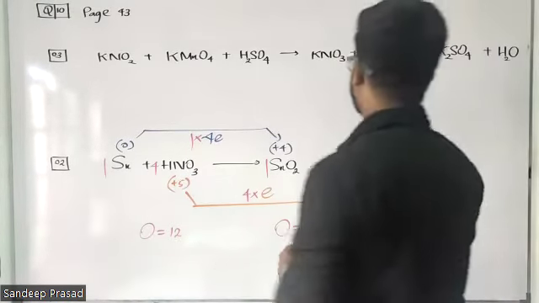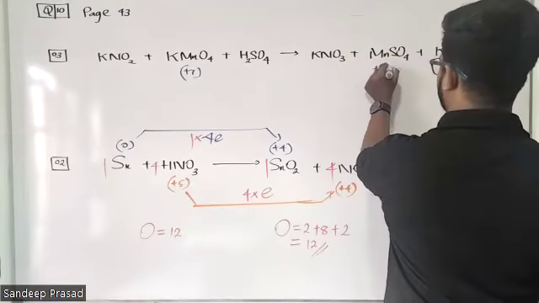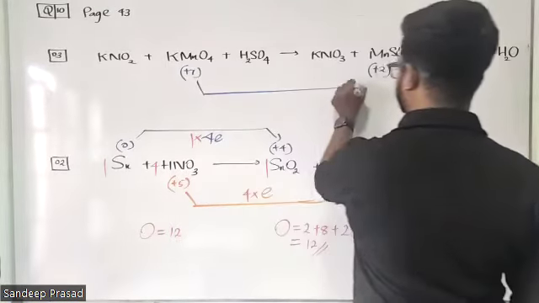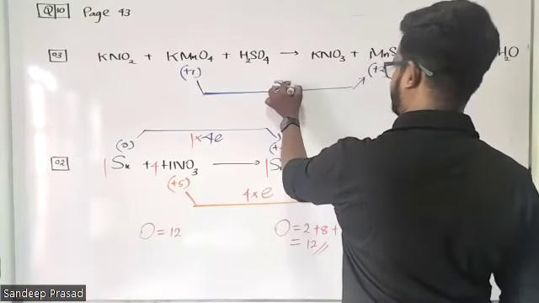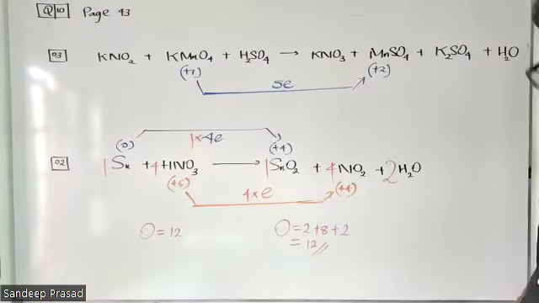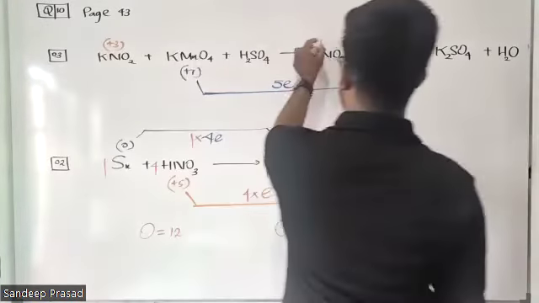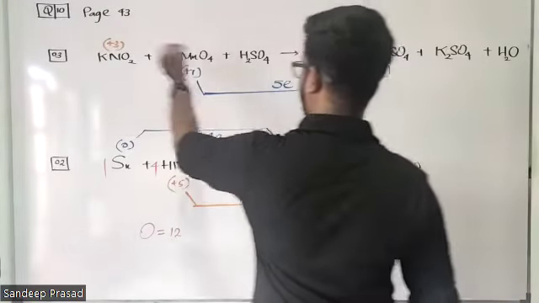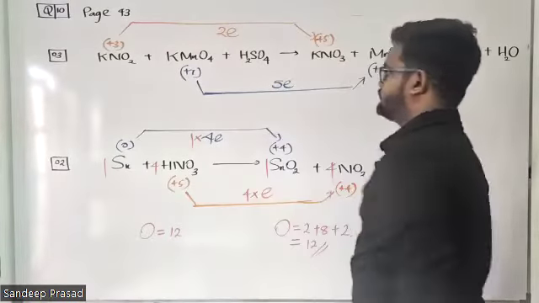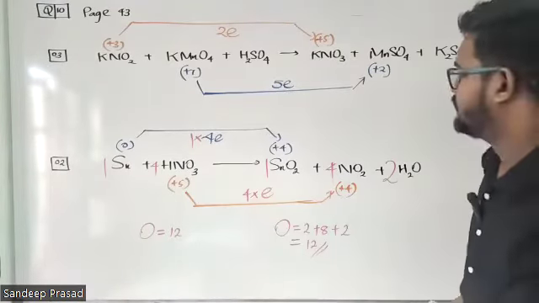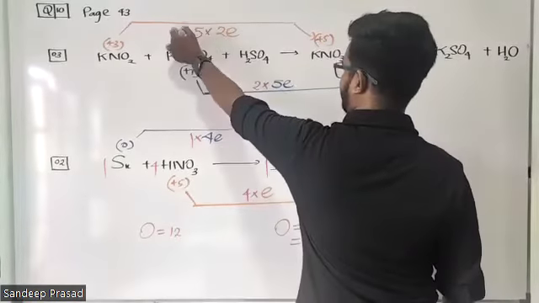Manganese plus 7 to plus 2, so the decrement is 5. Nitrogen plus 3 to plus 5, the increment is 2. Then in order to equalize them, you multiply this one by 2 and this one by 5.